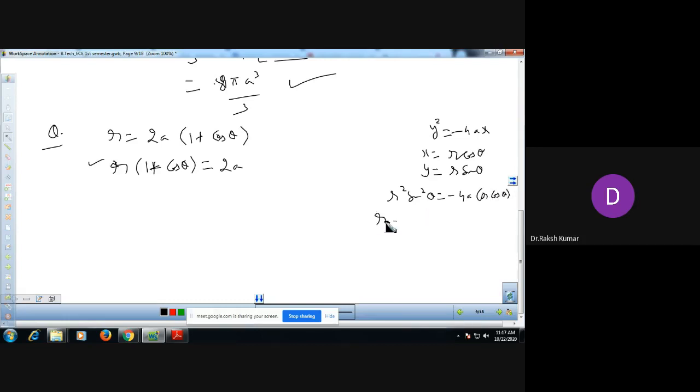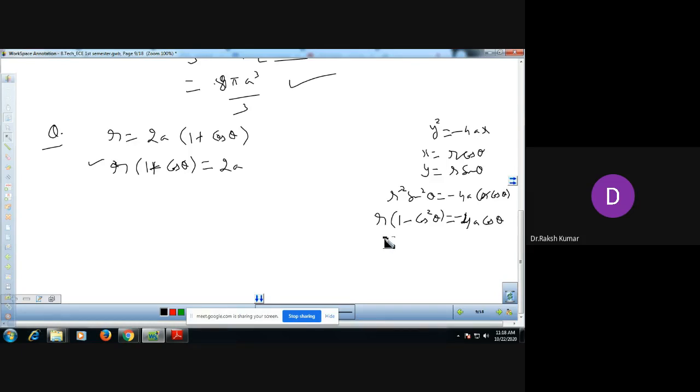R will be cancelled with a single r, so you will have r into sine square theta, and sine square you know that is 1 minus cos square, and that is minus 4a into cos of theta.